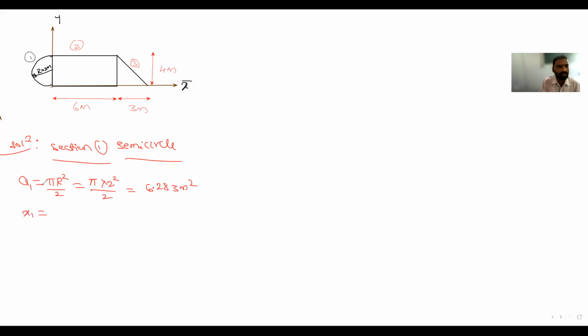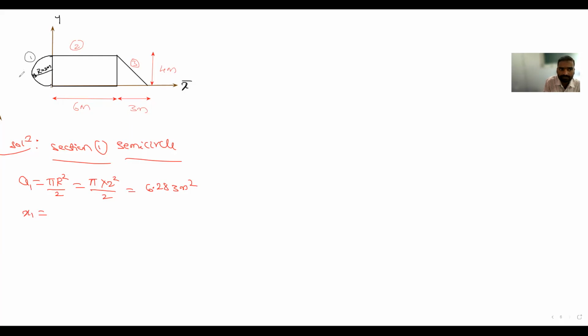Yes, sir. Okay, next. Whenever you are moving in the positive x direction, you will take positive x. Whenever it is moving in the negative x direction, then it will be negative. For the first section, the semicircle, is the figure towards the left hand side or the right hand side of the y-axis? It is on the left side.